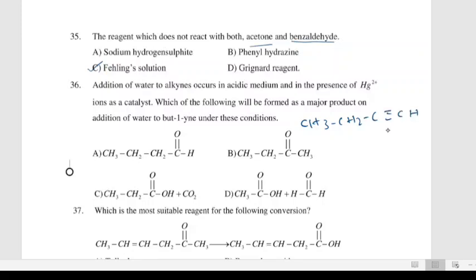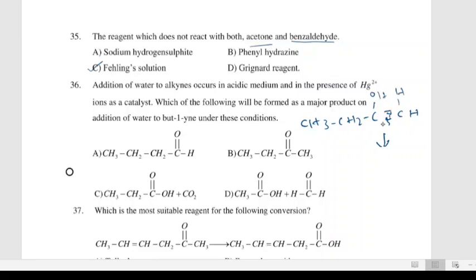And here, on oxymercuration and demercuration, with HgSO4 and H2SO4, immediately what will happen? At the unsaturated position, a water molecule will be added, and we know OH and H will be added here after removing one bond here.